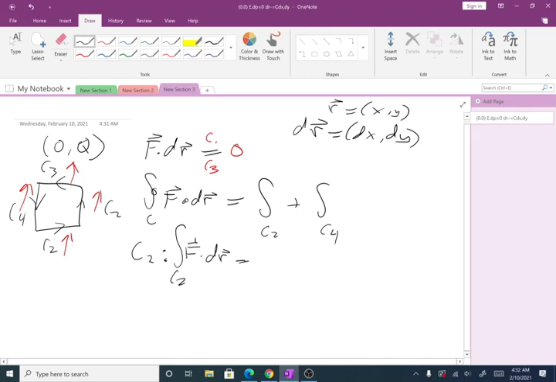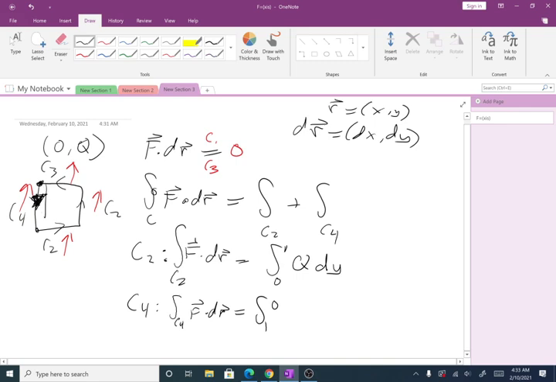So you take the dot product with 0Q, you get Q dy from 0 to 1. We do the same thing now with C4, and now it's the integral from 1 to 0 because we're starting from the top with a positive orientation, and we're going down to y equals 0.